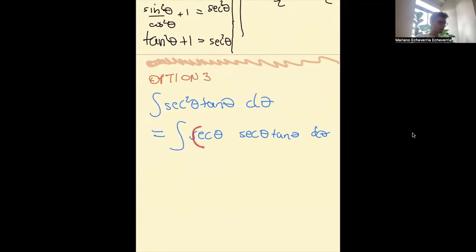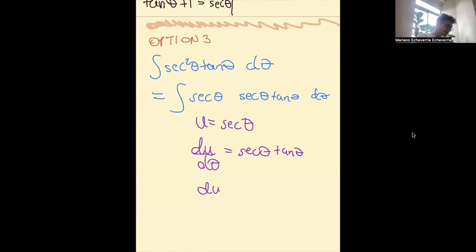Well, you should write u equals secant of theta, because the derivative of secant was secant times tangent. So du d theta is secant of theta times tangent of theta. So now you can say that du equals secant of theta times tangent of theta d theta.